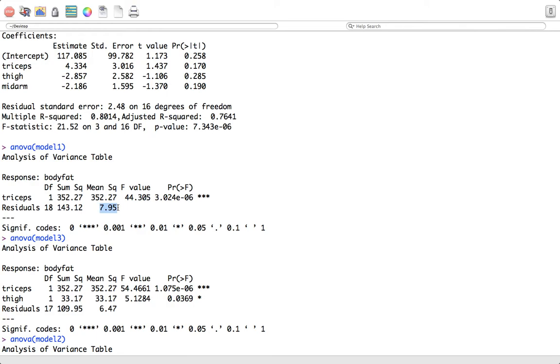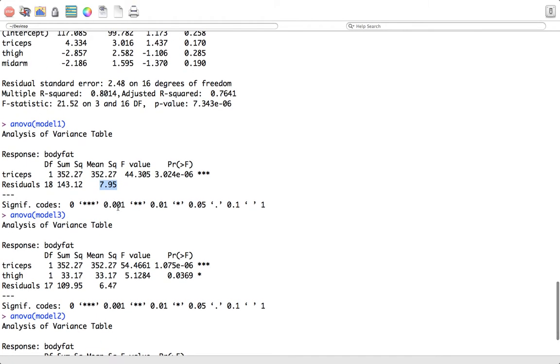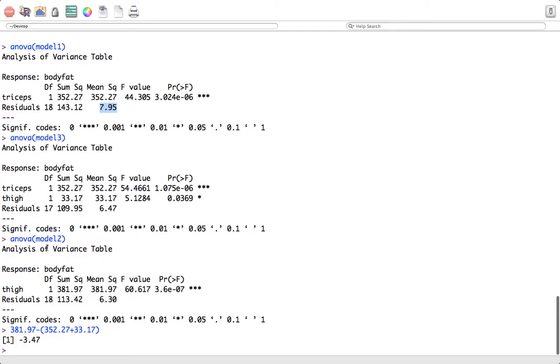And really, let's just go ahead and look at it. I haven't done an ANOVA for model 2, have I? Yeah, I did. So our mean square error was 6.30 when we had, is that the right one? Yeah. Now let's see what happens to both of those when we put in the two predictor model. And we can see that this decreased to 6.47, concentrating on B1.